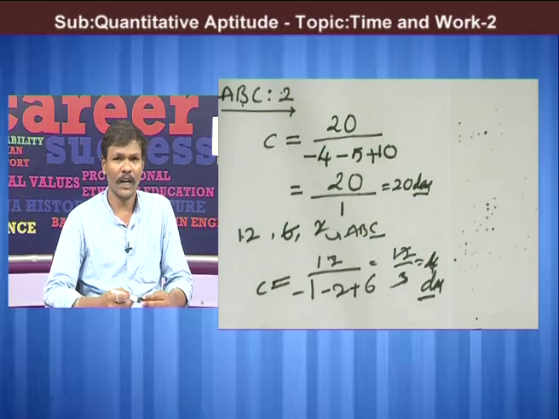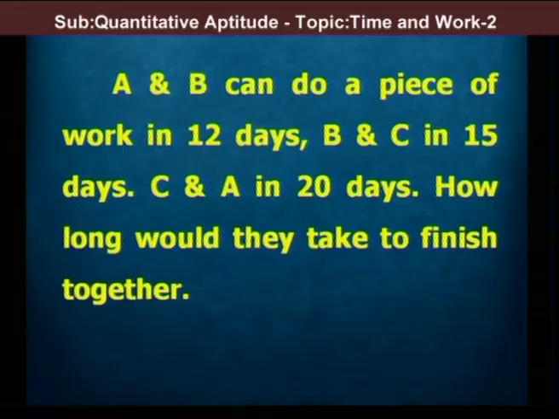Right. Move on to the next question. What is the question? A and B can do a piece of work in 12 days, B and C in 15 days, C and A in 20 days. How long would they take to finish together? First, observe how the question has changed from the before model.